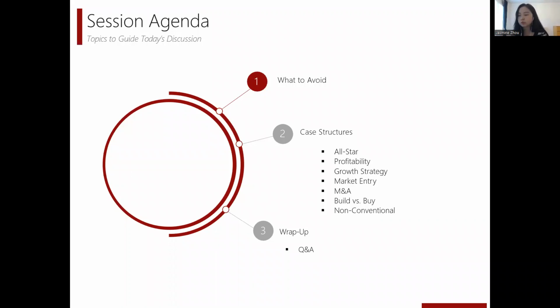So we'll be looking at an all-star framework, which is one that I like to apply to almost every case that I get, changing that to suit a profitability case, growth strategy case, a market entry case, an M&A case, and then also build versus buy case. And then also looking at non-conventional cases as well. And then at the end, we can wrap up with Q&A.